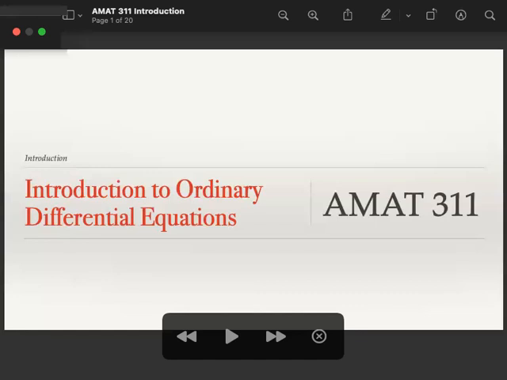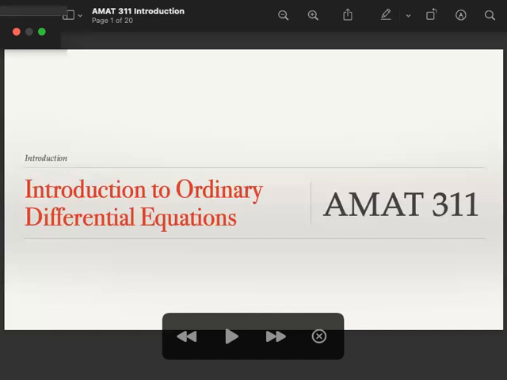And then after that, we're going to talk about linear equations. So linear equations have several properties that make them easier to solve than general ordinary differential equations. So it turns out that for linear equations, for linear ordinary differential equations with constant coefficients, we can solve them for any order, and there are several methods used for solving them.